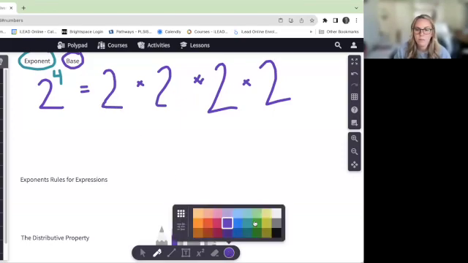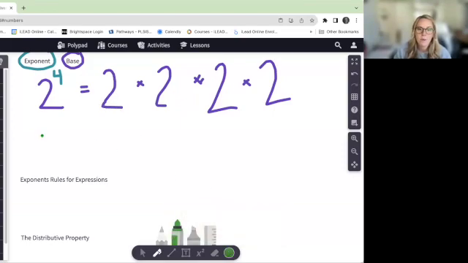All right, let's take a look at another one. We're going to do 3 to the power of 2. So my base, find the base. It's the big one. Base is 3 right here. Now I expand it first.